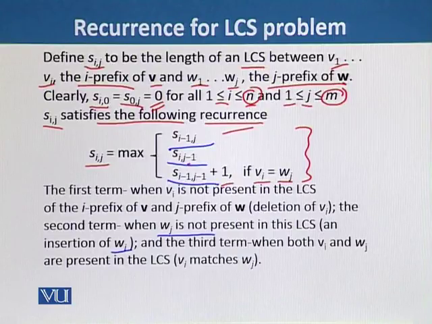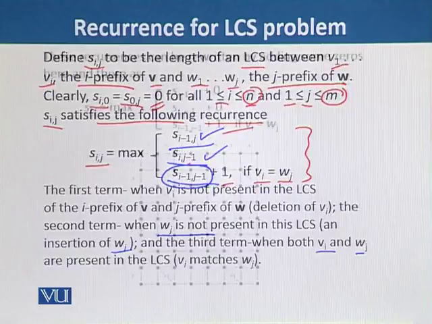And the third representation is when both Vi and Wj are present in the LCS. In the first, the letter is missing from the V string; in the second, the letter is missing in the W string; and this equation is for when the letters are identical at a particular position in both V and W strings.